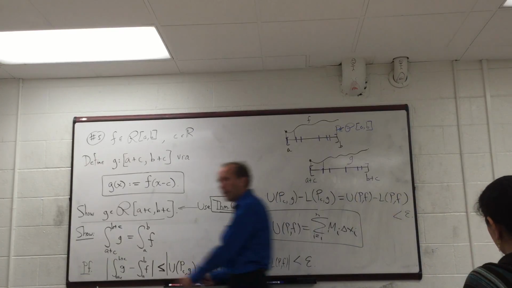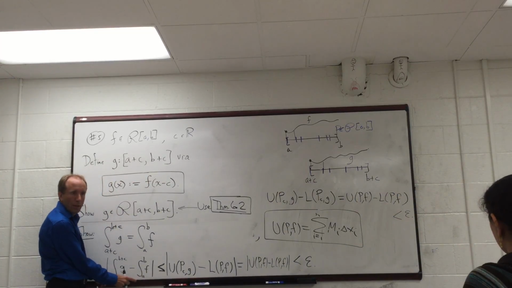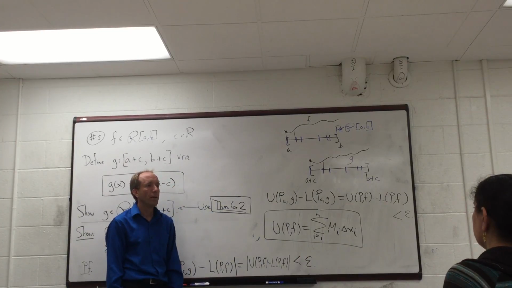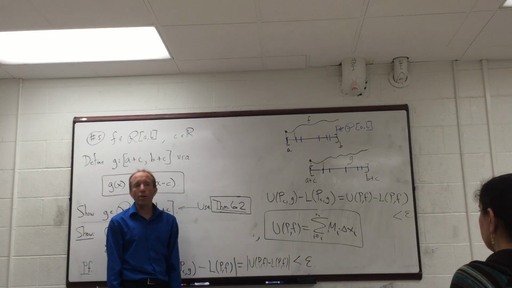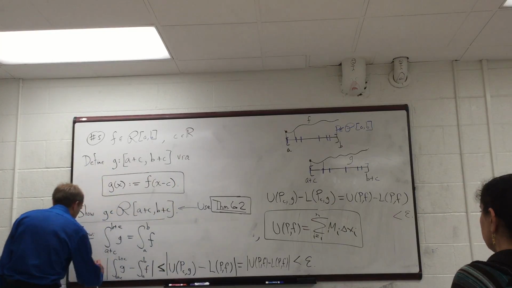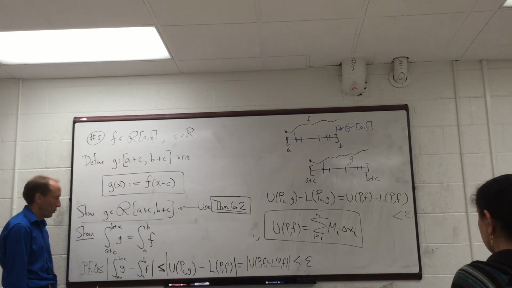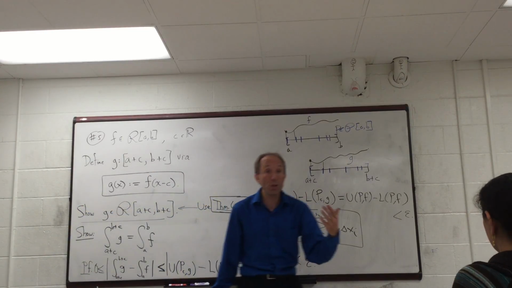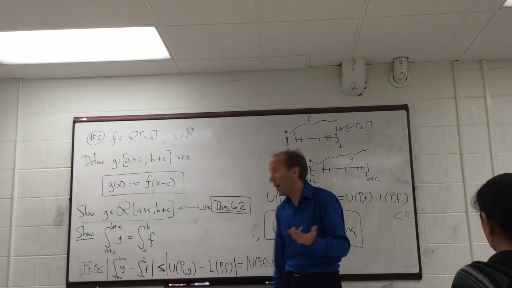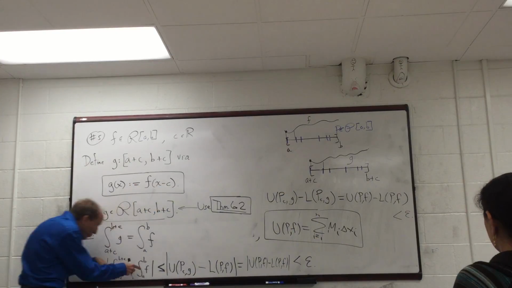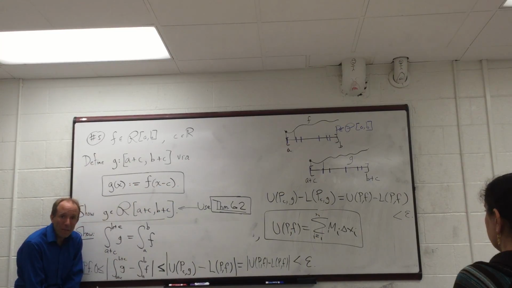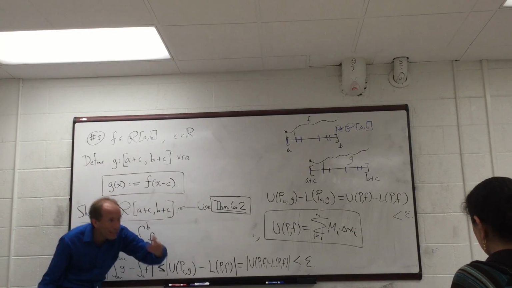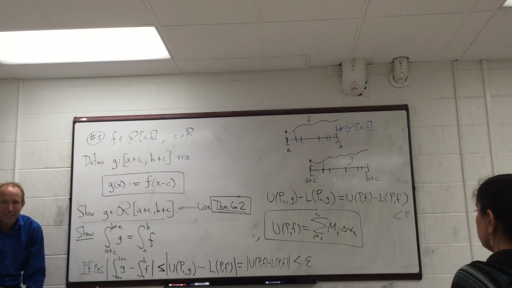So how far apart are these two numbers? They are less than epsilon apart, and what's epsilon? Some arbitrary number, right? Of course this is at least 0, by the way. So this is at least 0, but it's less than epsilon. Epsilon is arbitrary. Make it as small as you want. Can these two things that we're subtracting be non-zero when I subtract them? No, because then I could just pick an epsilon that was smaller than that difference.